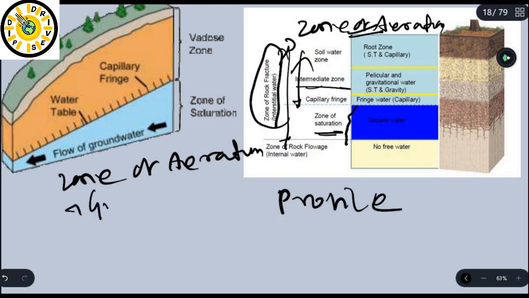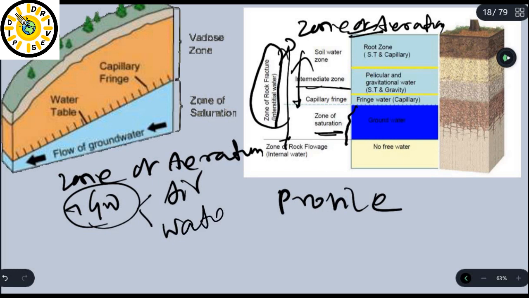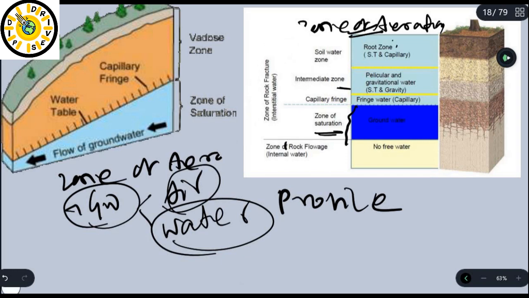groundwater normally is present in the void space, and the void is filled with either air or water. This part, the zone of aeration, is filled with air and water. As you move down below the surface, all the pore space is filled with water.